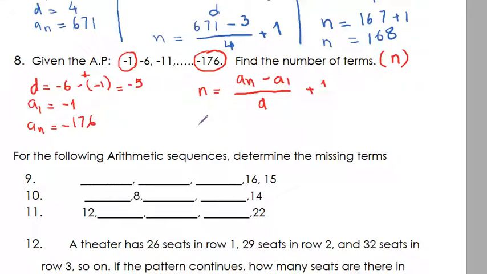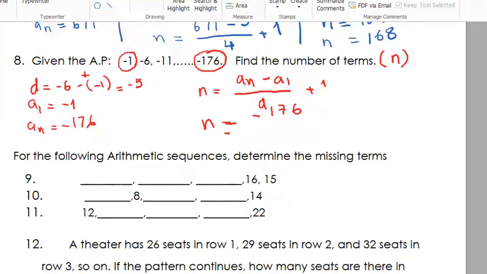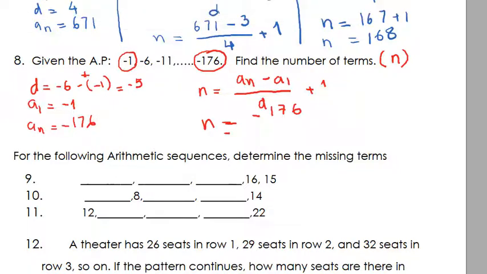Alright, let's substitute a sub n. What's the value of a sub n here? Negative 176. Let's write it down. Let me change the color here.